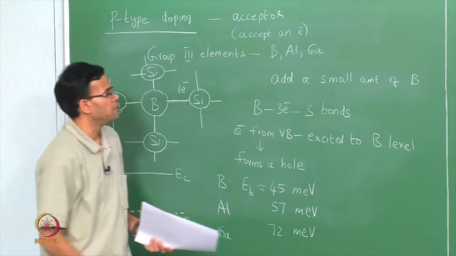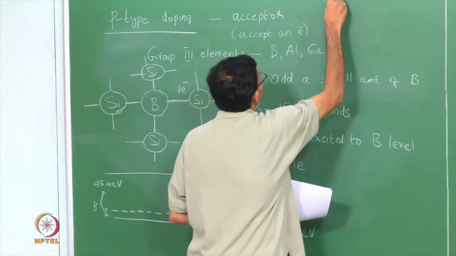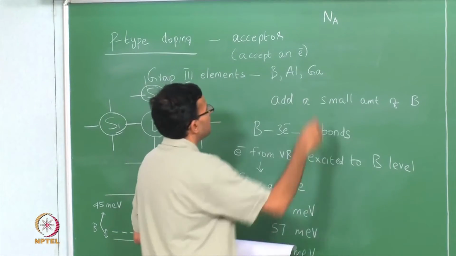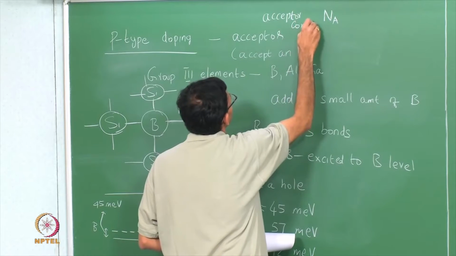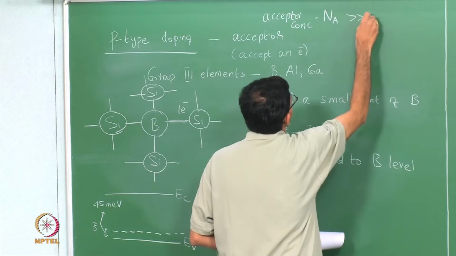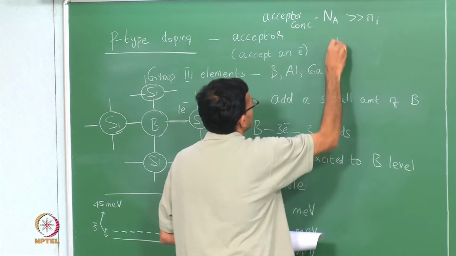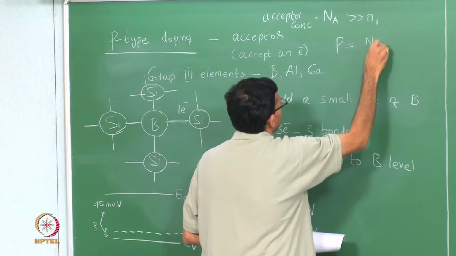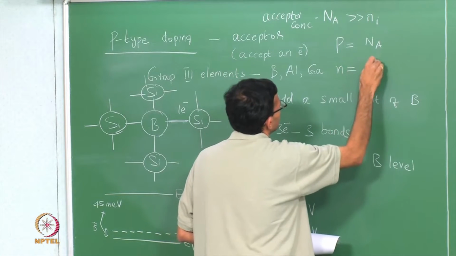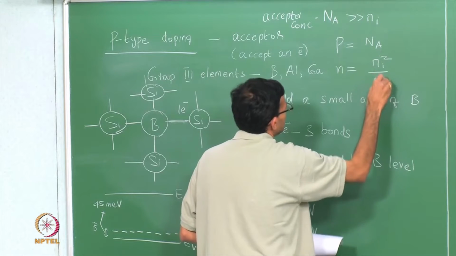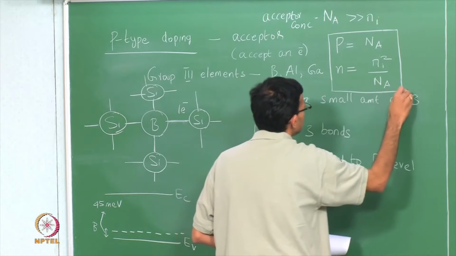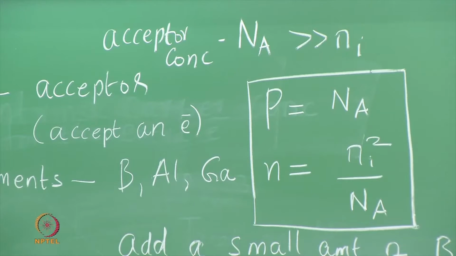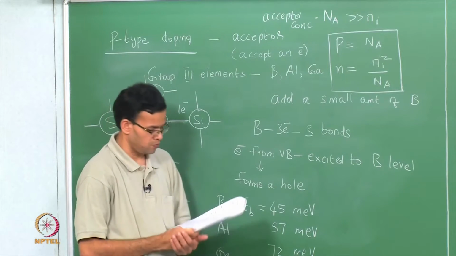And just the same way as with n-type, if Na is your concentration of acceptor atoms, and Na is much greater than Ni, you will find that P is Na, and N is Ni square over Na. These are the same arguments that we used when we described your n-type dopants.